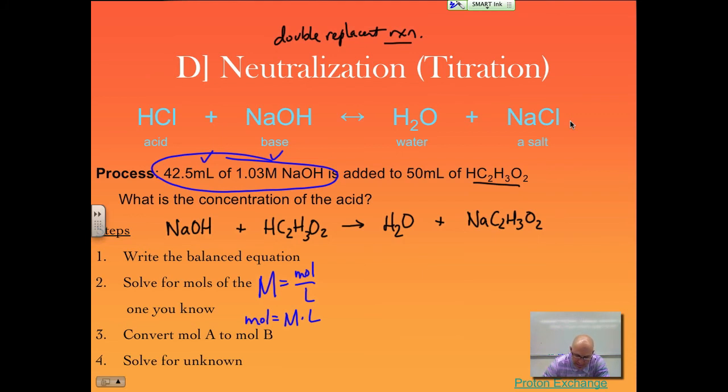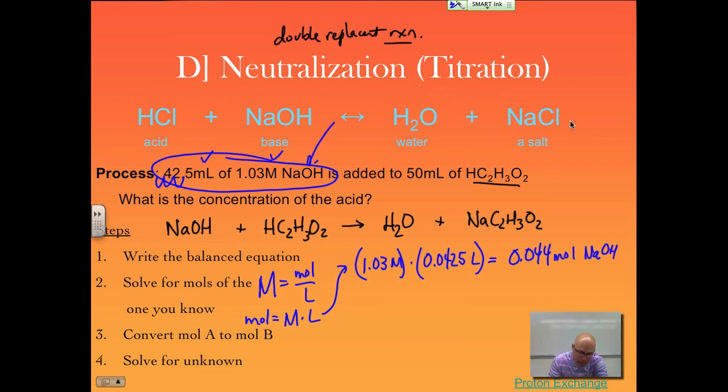So molarity is, I'll bring it up here, 1.03 molar times my liters, 0.0425 liters. And I did do this one earlier. What did I get when I multiplied those two together? 0.044. So I get 0.044 moles of NaOH. That's the one that I know.